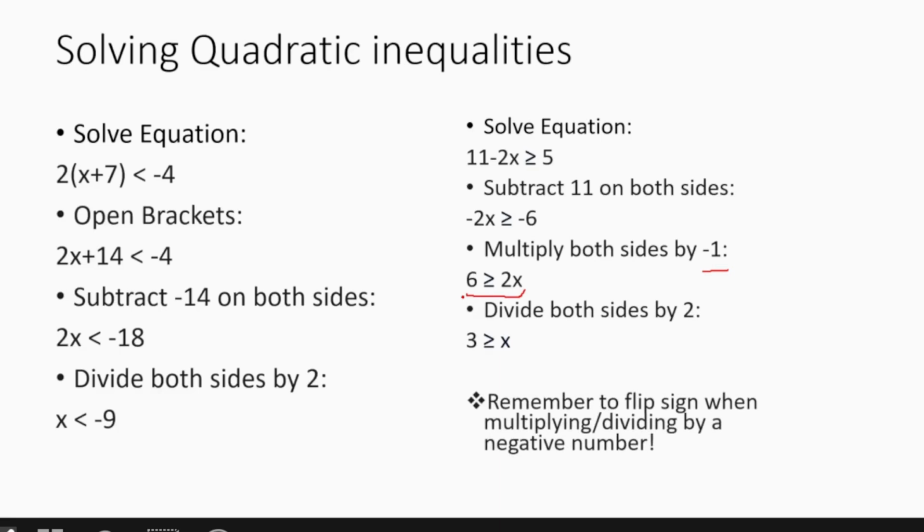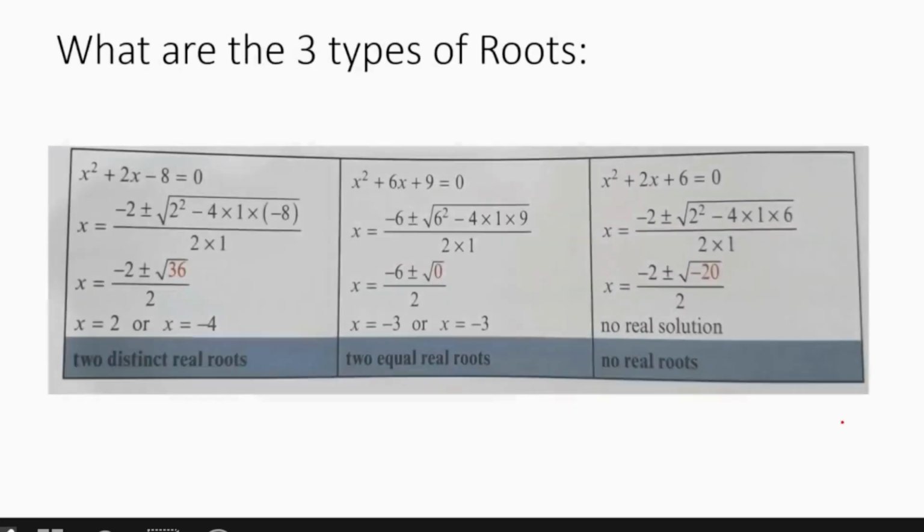Alright, now let's move on to the 3 types of root. I've taken this picture from the Cambridge maths book. As you can see here, these are the 3 types of root. 2 distinct real roots, where the answers of x are completely different from one another. 2 equal roots, where the answer of x is the same whether I use plus or minus.